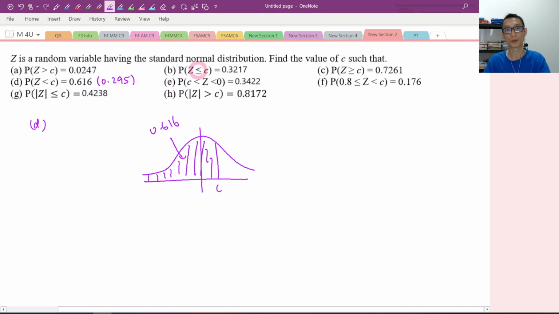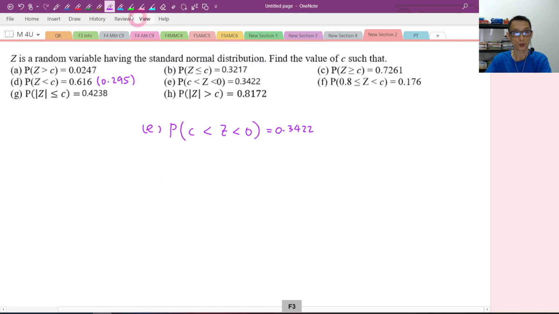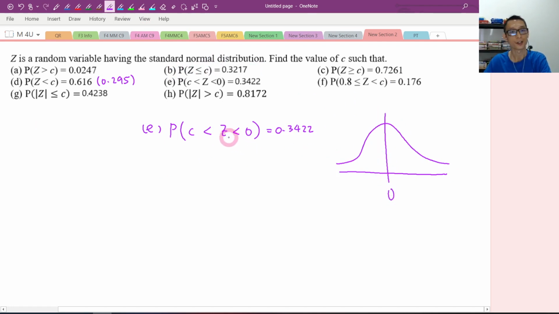Let me go to part E. As usual, before we start solving it, sketch a diagram. Okay, greater than C and less than 0. Let me put the C over here, 0 over here. So this is the situation which we are looking for.